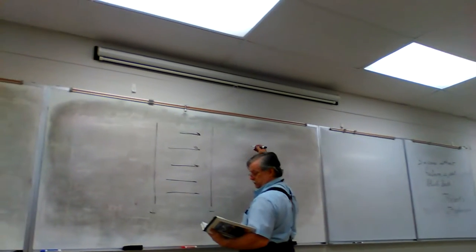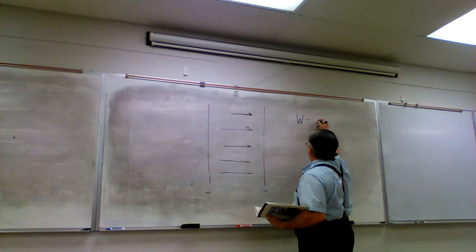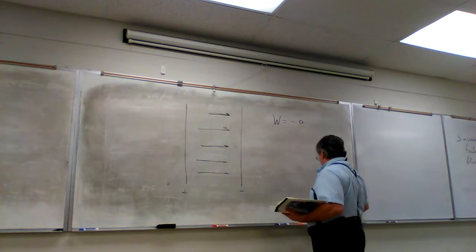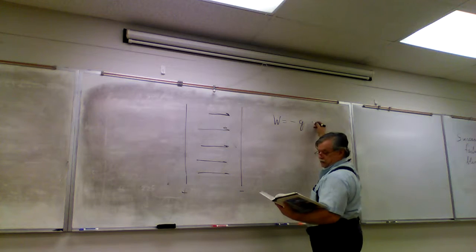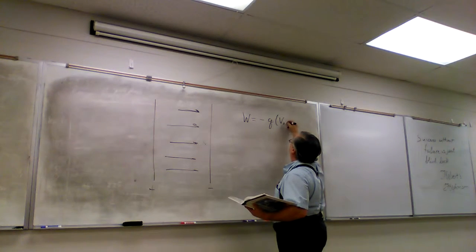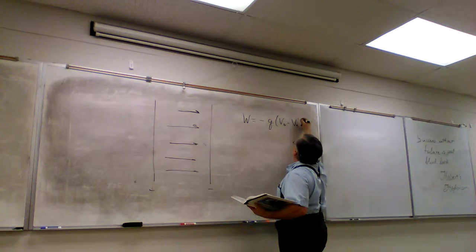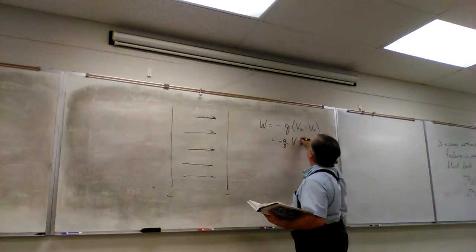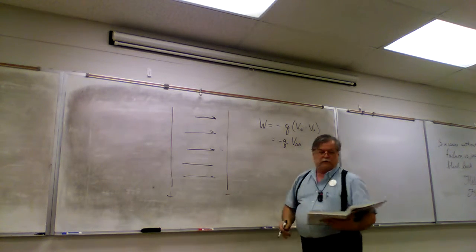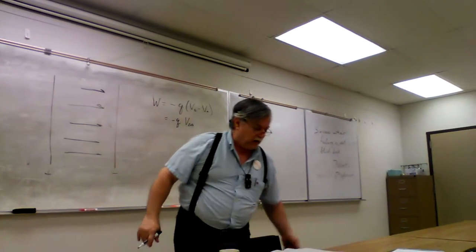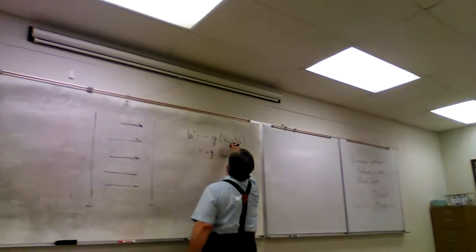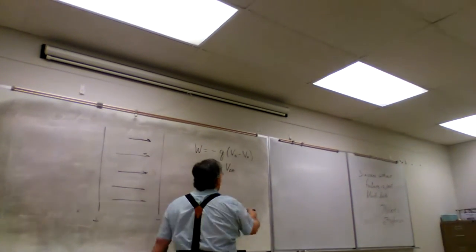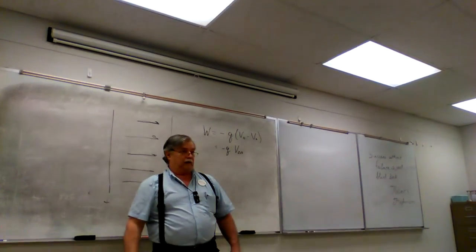Let's write this out. Work equals the negative of Q, not a G. Right there, all I'm doing is making the point that the difference between the potential at point B and the potential at point A is denoted V sub BA.